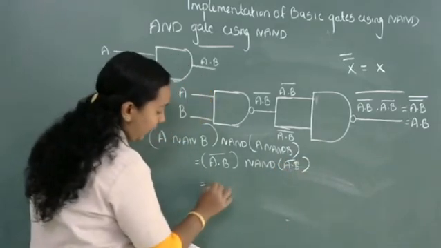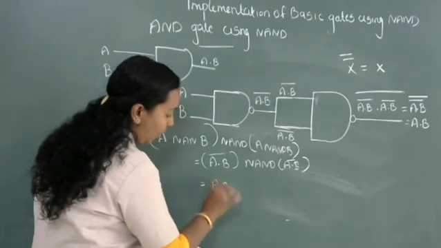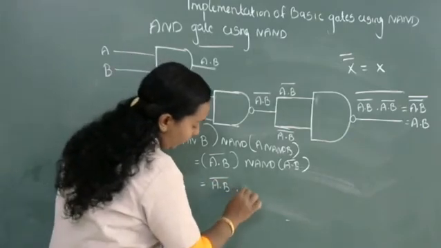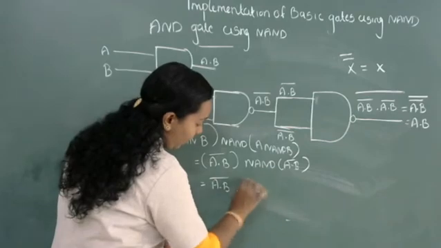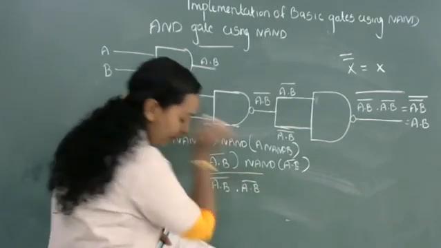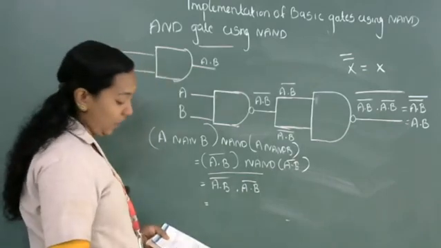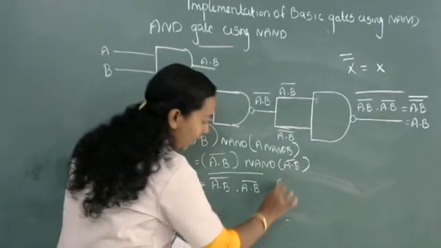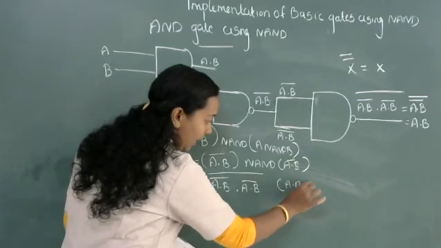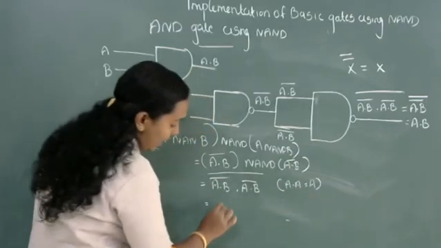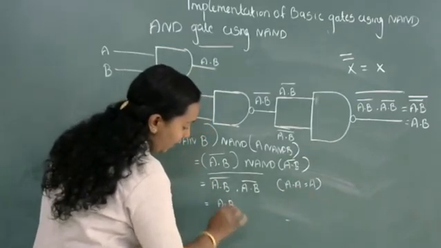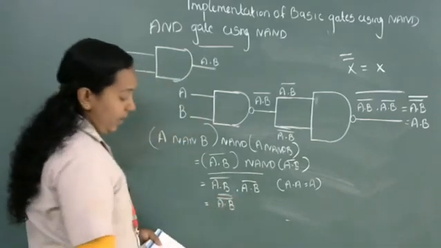After that we will get ((A dot B) complement dot (A dot B) complement) double complement. So we already know X dot X is equal to X itself, or we can write A dot A is equal to A. So we can write like this, (A dot B) double complement.